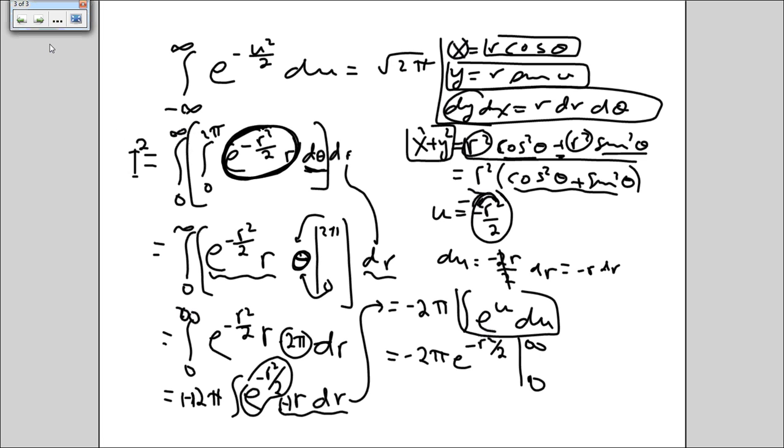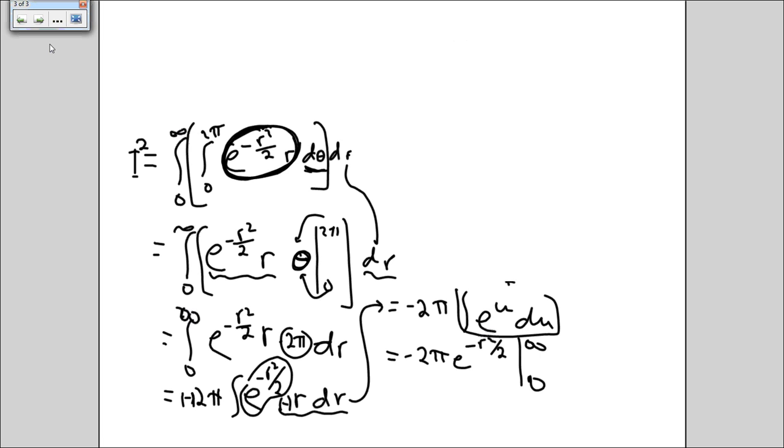Just remember, we are solving for I squared, and in the end, we want I to be the square root of 2 pi.